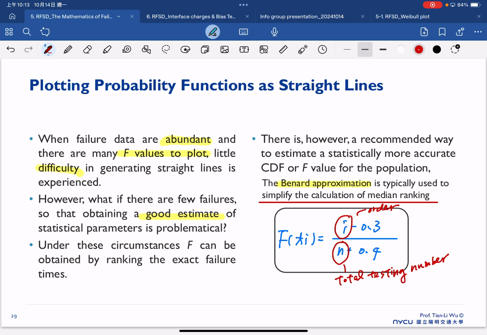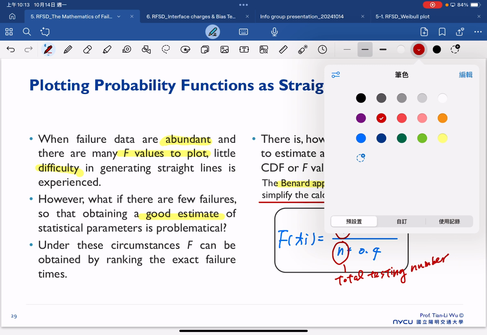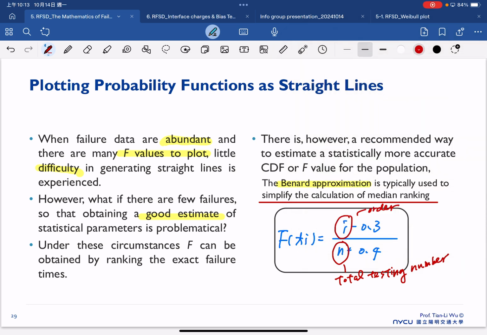And the F(t_i) here is exactly the one we would like to use in the Weibull plot, which is natural log minus natural log 1 minus F(t).